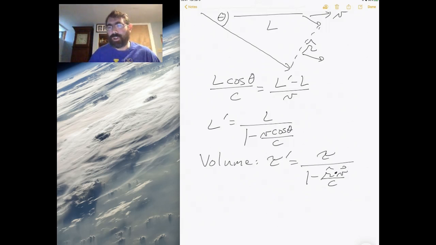The r hat dot v gives me my component of v in the r direction. So that's the magnitude of v times the cosine of the angle theta. That's how I was able to generalize v times cosine theta into the dot product. So this is my volume mapped out by the charge.